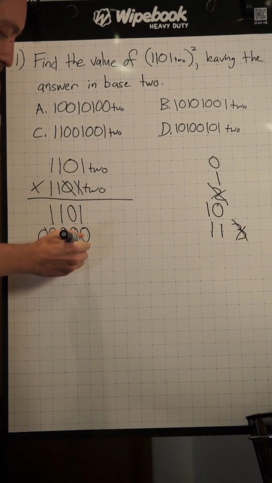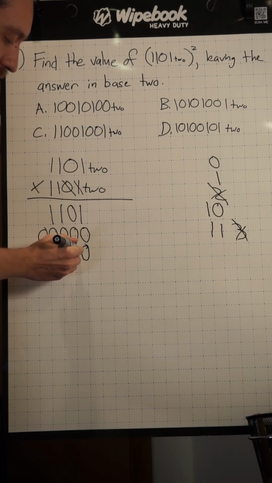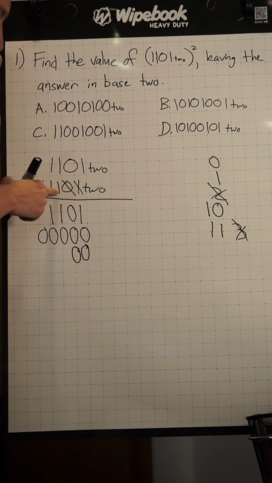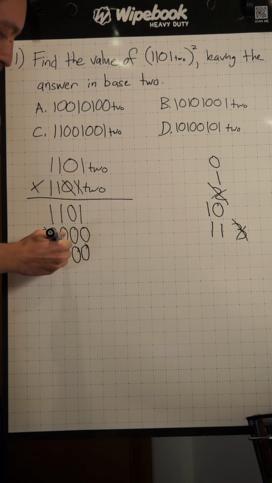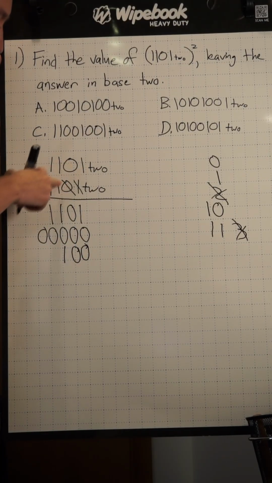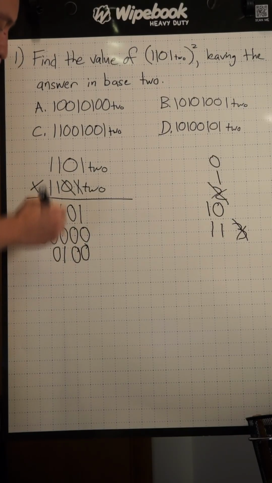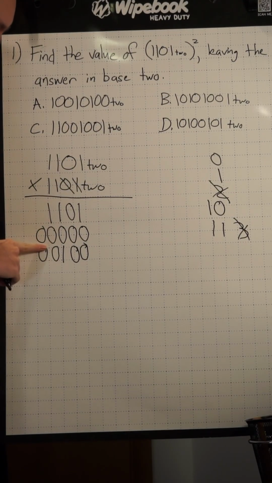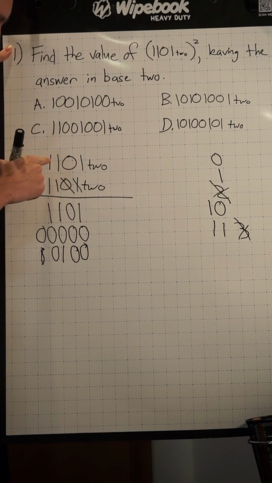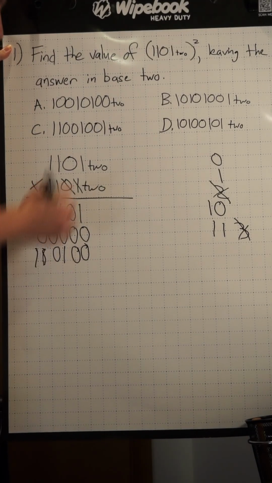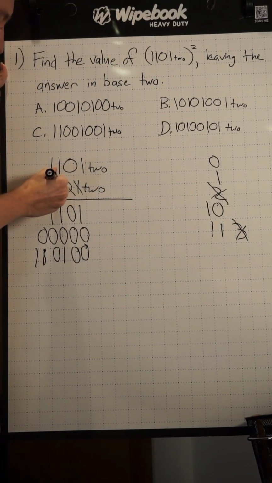Now we get this one, so we'll have to put down 2 zeros here first. And now we can start to multiply. 1 times 1 is 1. 0 times 1 is 0. 1 times 1 is 1. And 1 times 1 is 1 again. So that's this one finished.